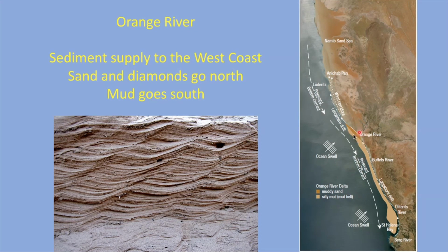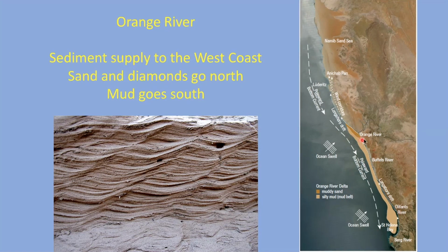The mud, the finer material that gets suspended in the Orange River, comes further offshore. And in that case, it gradually settles to the seabed, but there's a poleward undercurrent flowing south, at the sea bottom. This carries the mud south and forms this long tongue of brown color I've shown here as the mud belt.